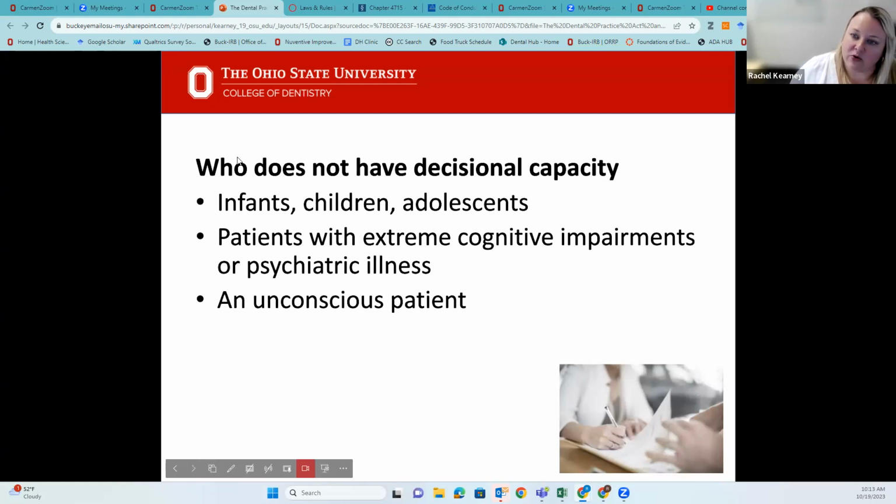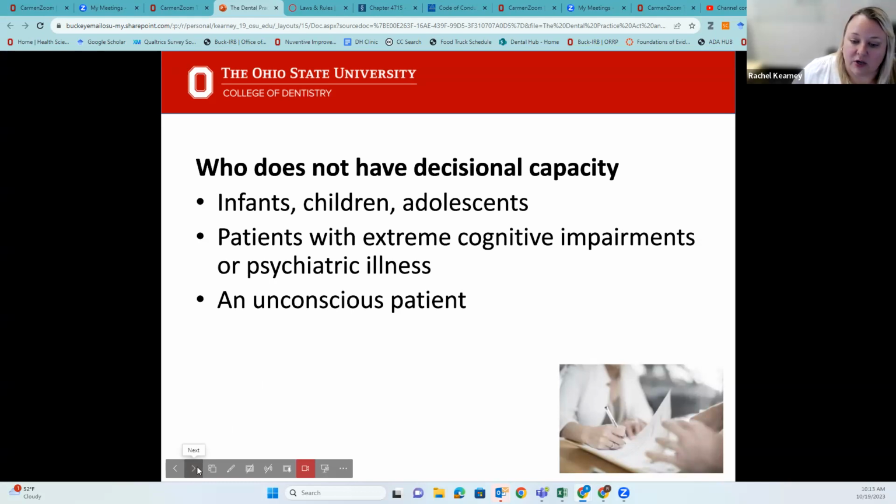There are some categories of people who do not have decisional capacity. So those would be infants, children, and adolescents, patients with extreme cognitive impairments or psychiatric illness, and unconscious patients. And so you likely will not encounter unconscious patients, as our clinic is an ambulatory clinic, but you may encounter children and adolescents through your pediatric rotations, and you may also encounter patients who have cognitive impairments or psychiatric illnesses that don't allow them decisional capacity.